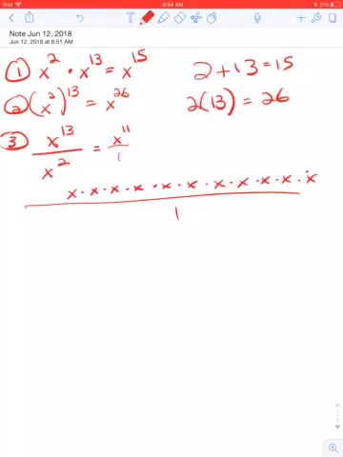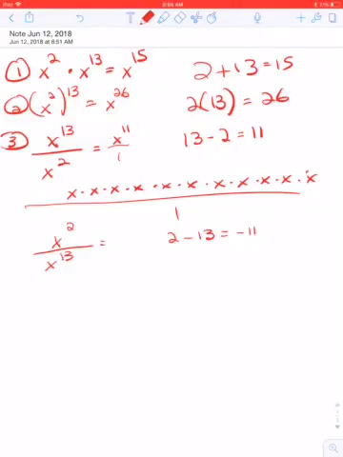And the opposite of that would be x squared over x to the 13th. Well, what if we had that written this way? Up here, we went 13 minus 2. And down here, we have to go 2 minus 13, which, of course, is negative 11.